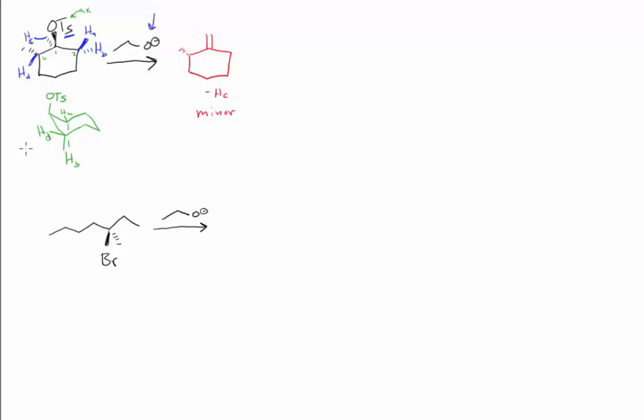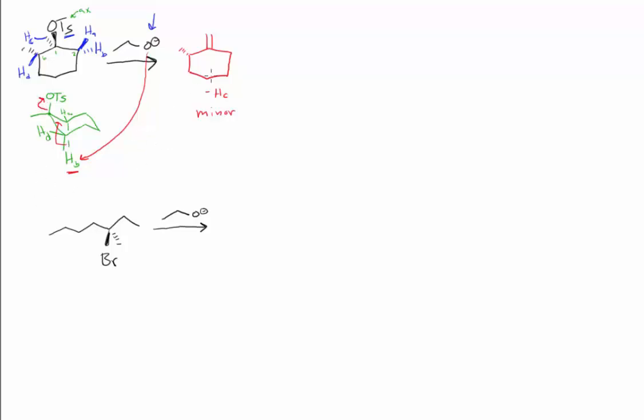So when we look at this setup, and here's the methyl that we're missing off of the carbon of interest, there's really only one hydrogen that's positioned correctly to eliminate the leaving group. And so here is the mechanistic step. We take the CH bond, form a new alkene, and we lose the leaving group.